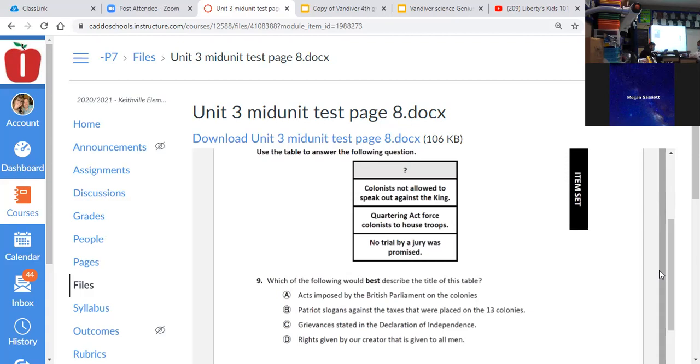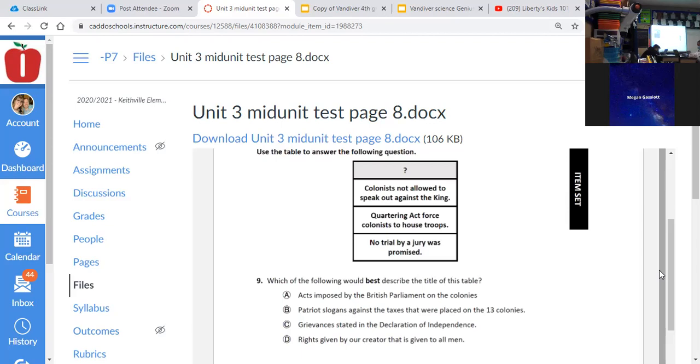What would be a good title for the table? A, acts imposed by the British Parliament on the colonies. B, patriot slogans against the taxes that were placed on the 13 colonies. C, grievances stated in the Declaration of Independence. Or D, rights given by our Creator that is given to all men.